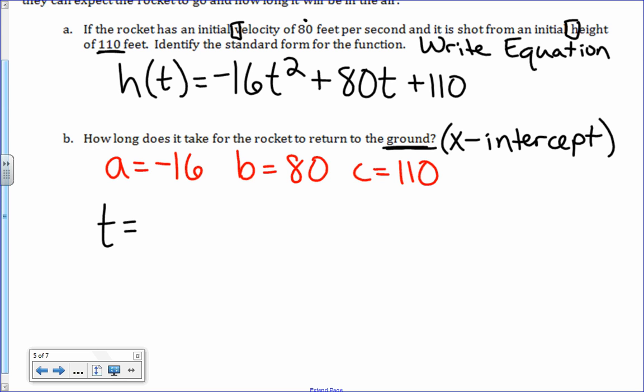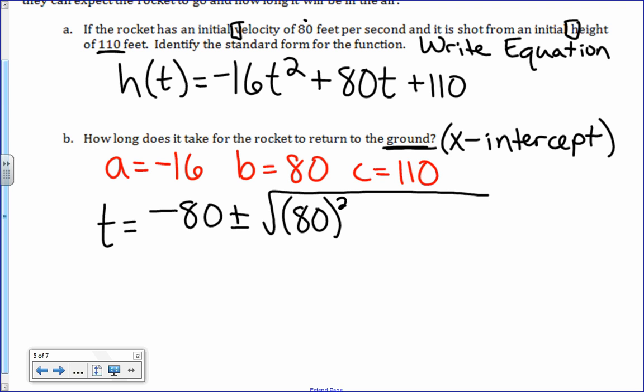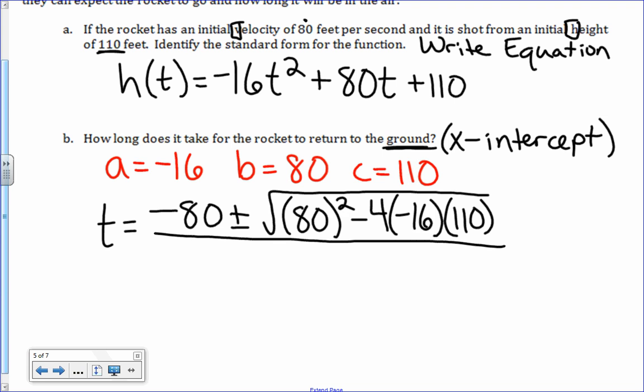Now I wrote t because we're looking for time, and that reminds me I need a positive answer only. So my time here is equal to negative B, or opposite B. So I'll start with negative 80 plus or minus the square root of B squared minus 4 times A times C, all over 2 times A.